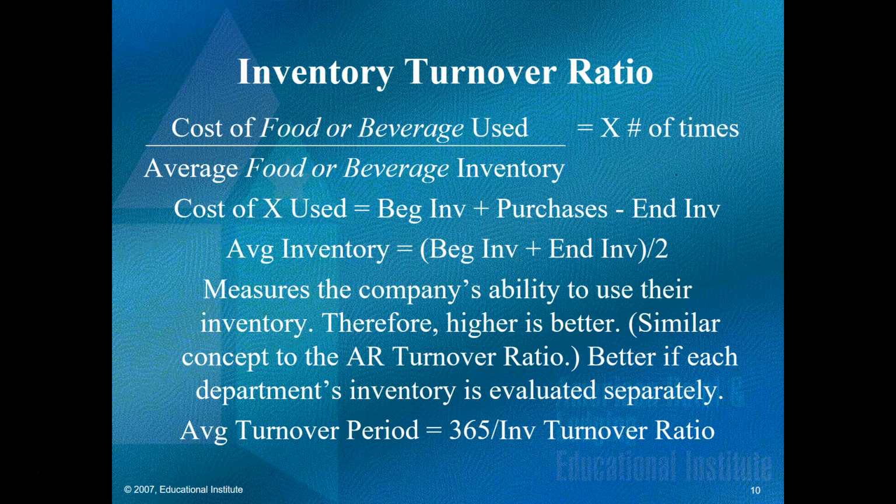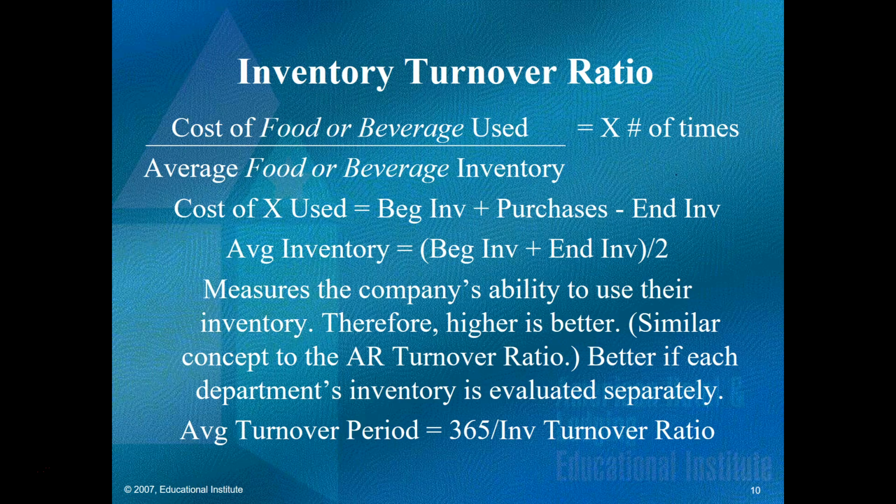But let's say that our restaurant has a bar, okay? And let's say we're talking about beer and wine. What do you think the inventory turnover ratio should be for beer and wine? Does it have to be every week? How often do you think?